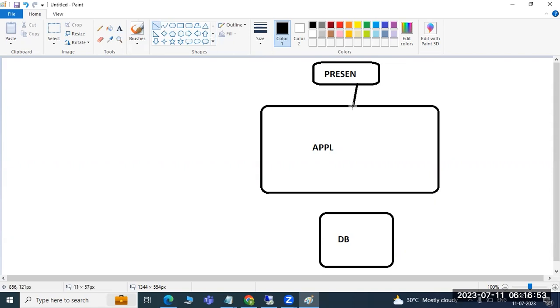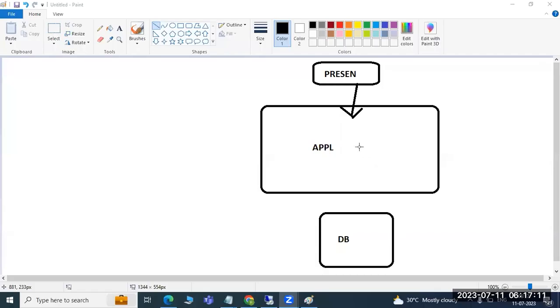Whenever you make a request, the presentation layer sends it to the application layer. The application processes your business logic and sends the request to the database layer to store or retrieve the data. The database gives the response back to the application, and the application sends it back to the user.